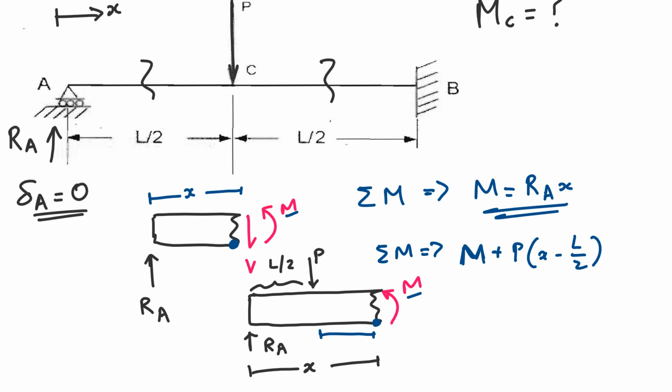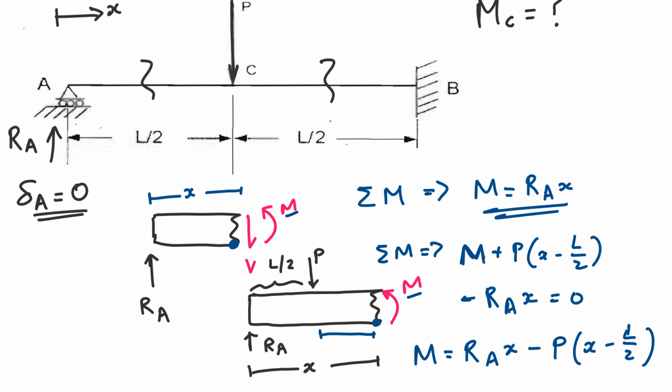And then don't forget we have this RA, which is going to be negative. So minus RA times x equals 0. And from this we can find that M is equal to RA times x minus P times x minus L over 2.